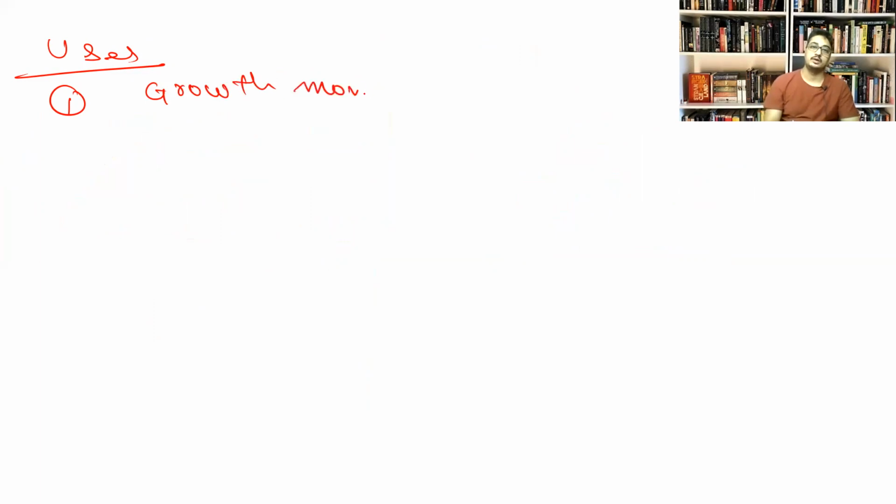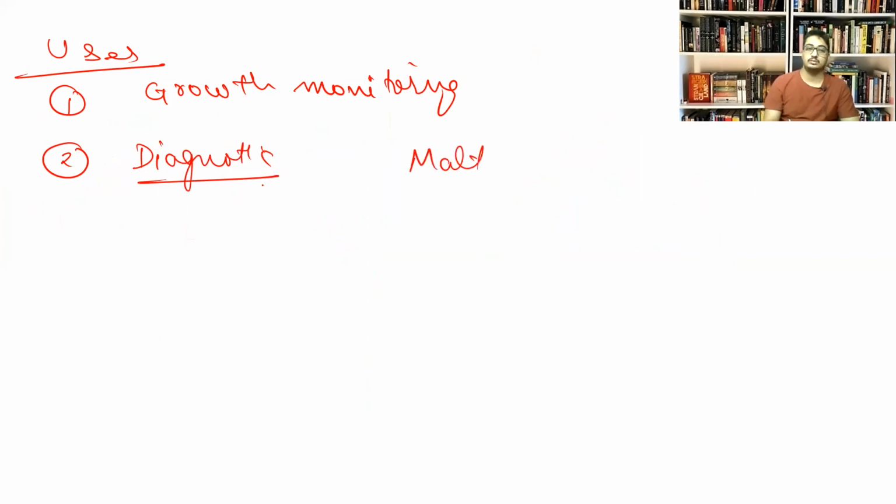So growth monitoring of a child is done through use of this growth chart. Second is it is used as a diagnostic tool. It can identify malnutrition. So growth monitoring, diagnostic: it can diagnose malnutrition, a problem. Third is it can be used in planning and policy making.